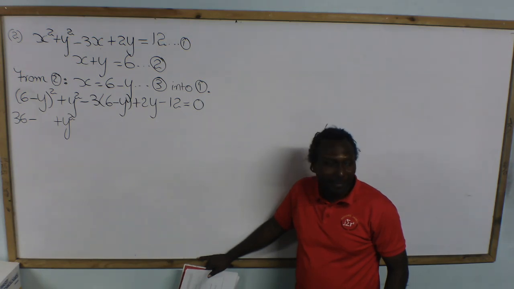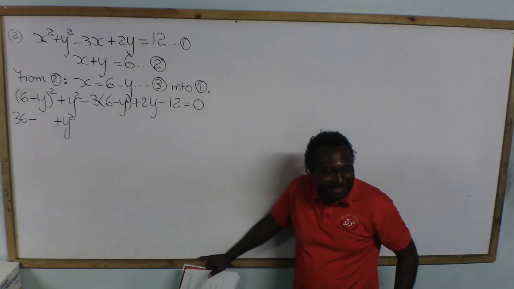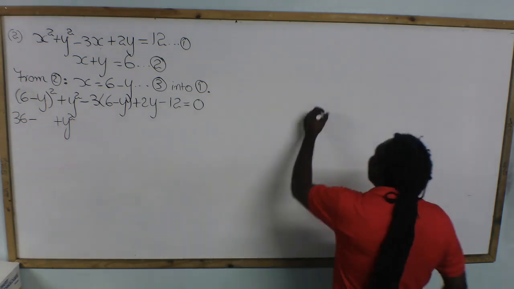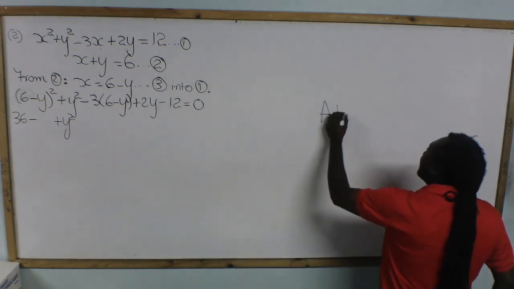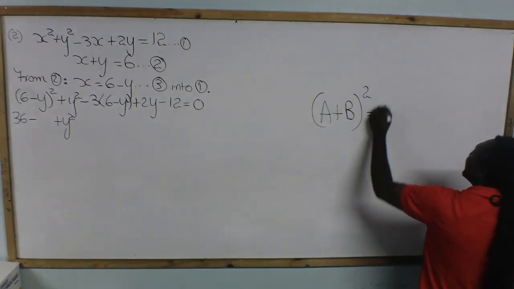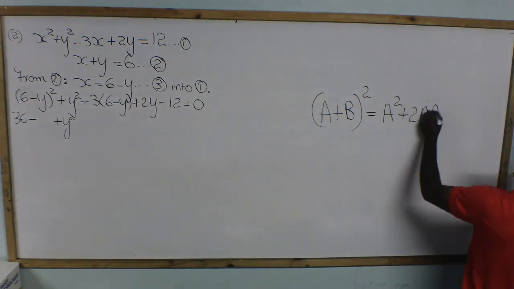Of course, it's negative 12y. Then you should say the answer. Do not forget that in your perfect square, we have a middle term that is equal to what? 2 times the first times the second.